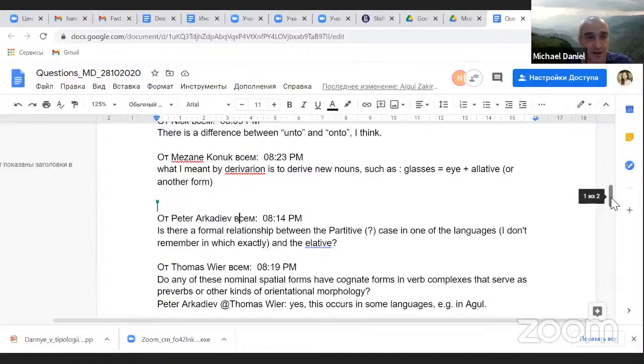Okay, so what I meant by derivation is to derive new nouns. Glasses, eye, relative. Okay. I think that I can think of very few cases I met, but it's not a regular kind of derivation in the languages I work on.